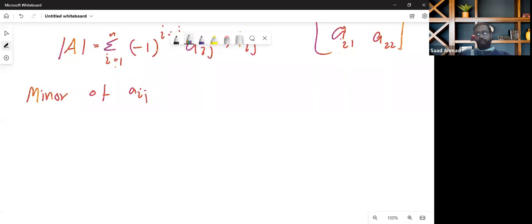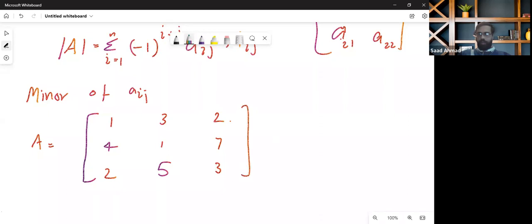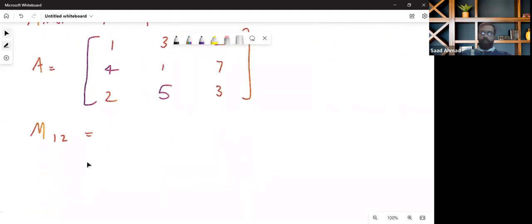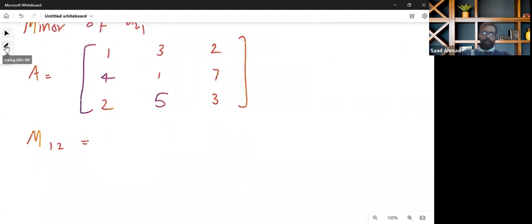So let's say I have a 3 by 3 matrix. Let's try to do it with an example. Let's say I have 1, 3, 2, 4, 1, 7, 2, 5. Okay, I want to find M12, the minor of entry 1, 2.